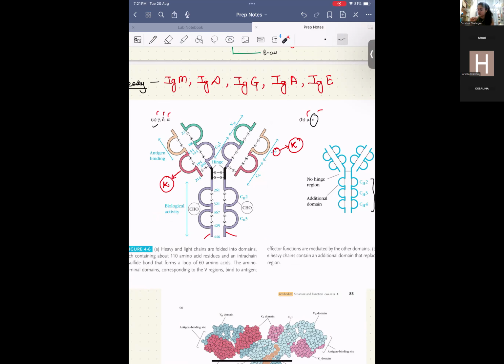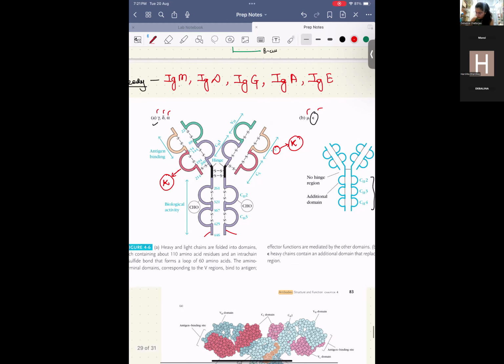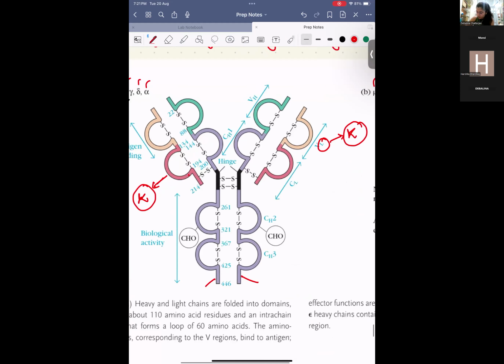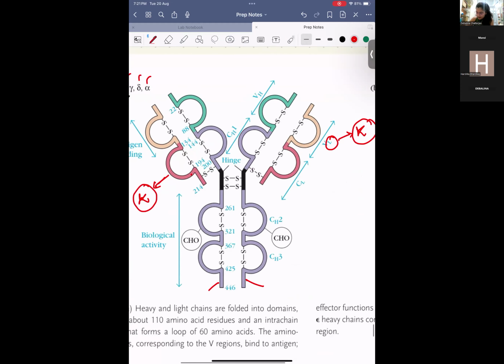All of these are mediated by the Fc, or the constant region, of your antibody molecule. Apart from that, if you look here, we have multiple disulfide linkages that keep these different domains together, and also keep the two chains together.